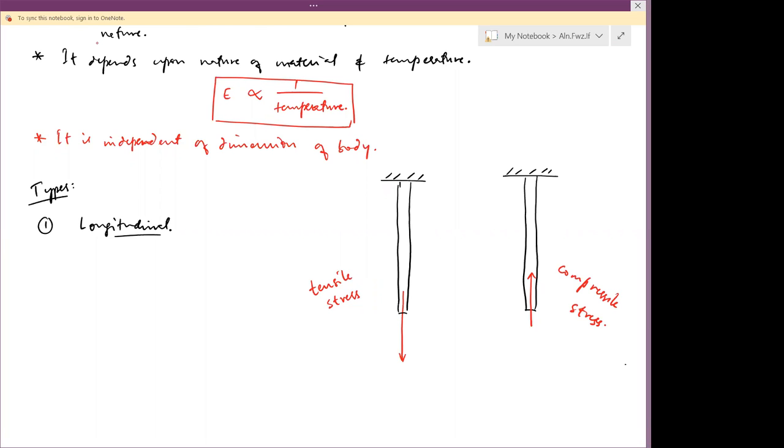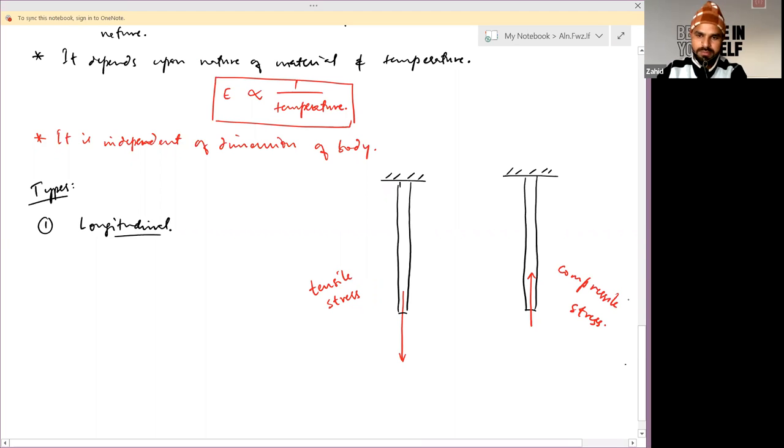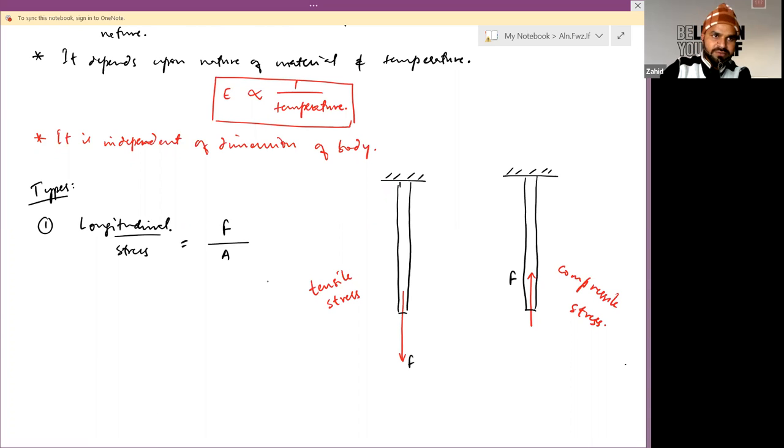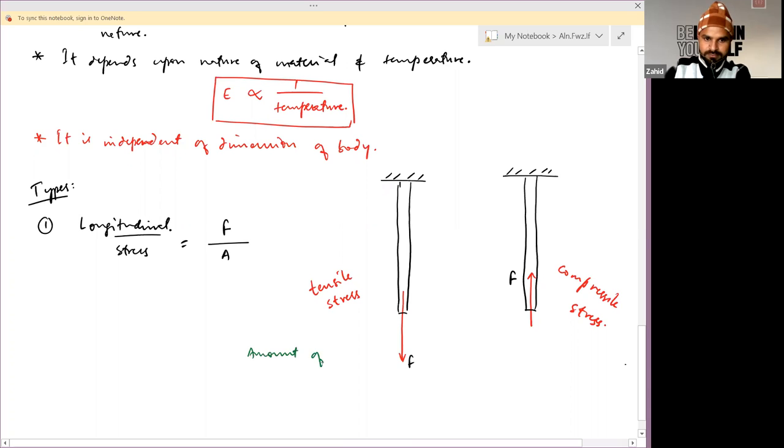So we may define longitudinal stress in two ways, whether it is applied to elongate it or to compress it. Longitudinal stress equals the amount of deforming force divided by area of cross section. For tensile, it is the amount of deforming force applied per unit area to elongate it.